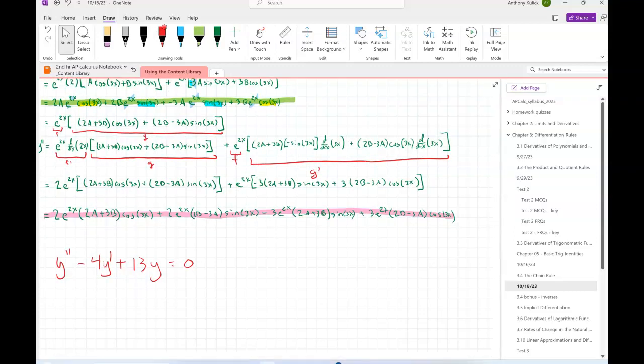Separate the y's from each other. Correct, because they're not even the same variable. Yes, they're y's, but I think of this as this, and this.